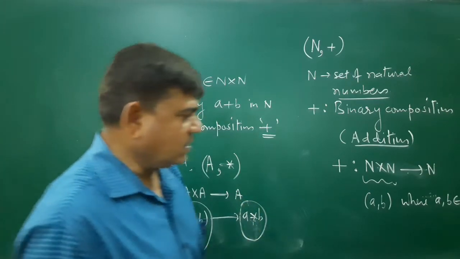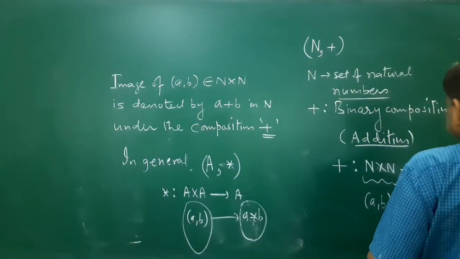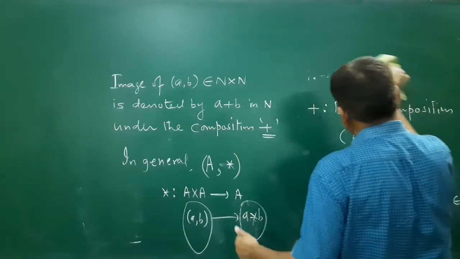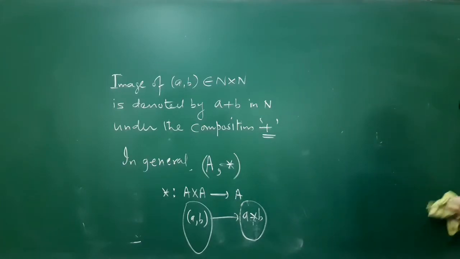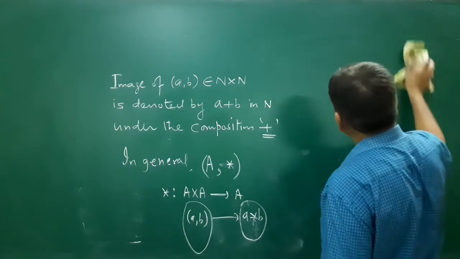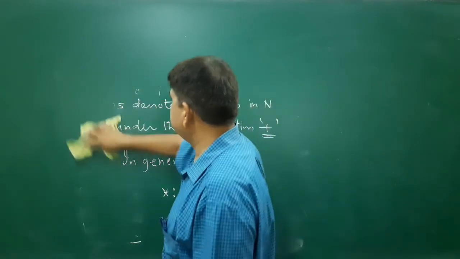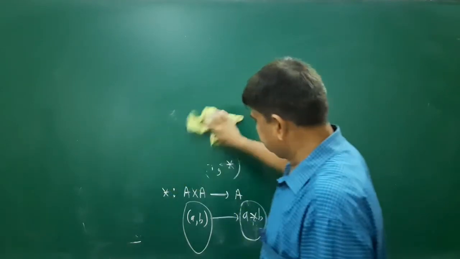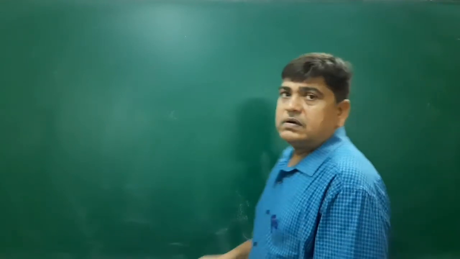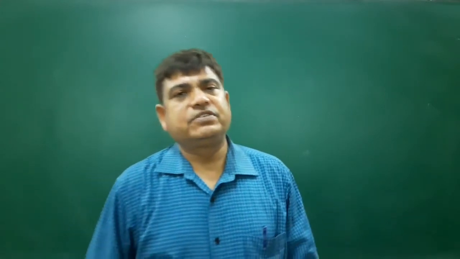This we have already done. Now, since binary composition is a function, every element of A cross A is associated with an element of A uniquely. We have done the composition table and some properties of that.